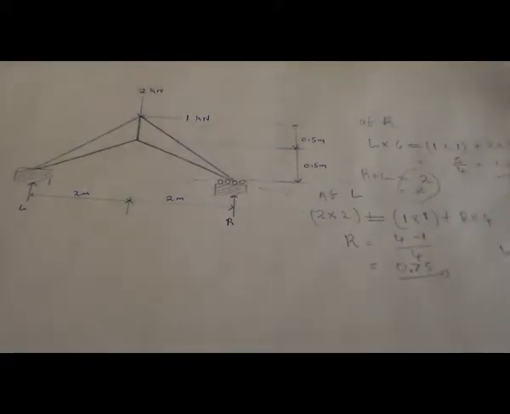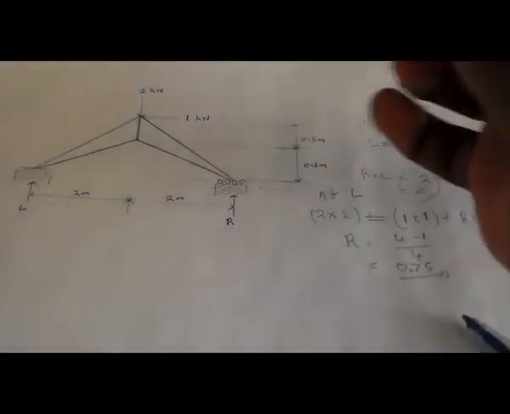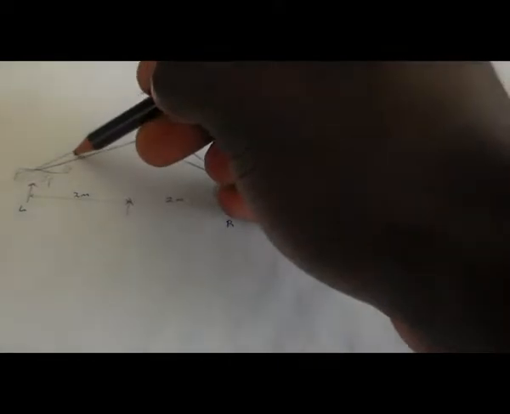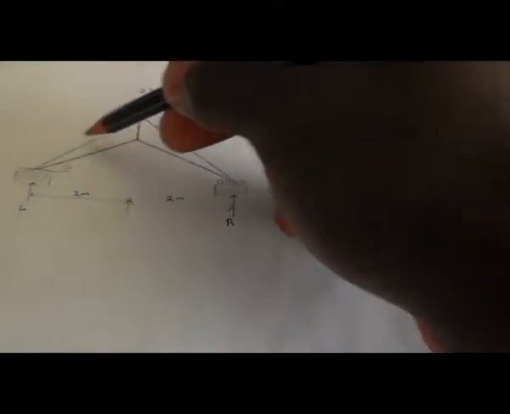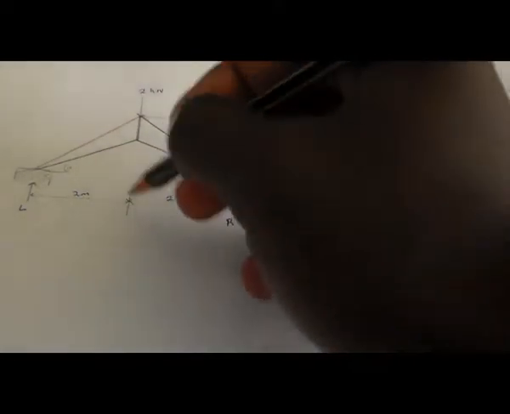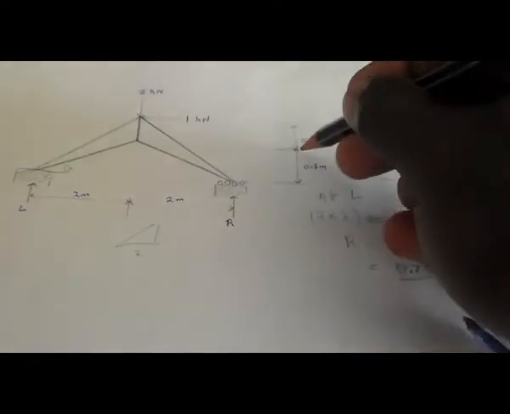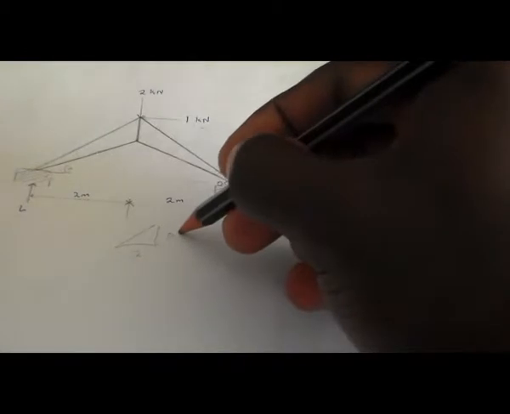If we are drawing the vector diagram, we should have the angles here. So we start by calculating this angle and the angle inside. To calculate this angle, this distance is 2 and this distance is 0.5.